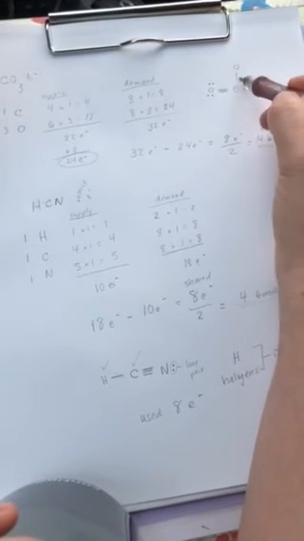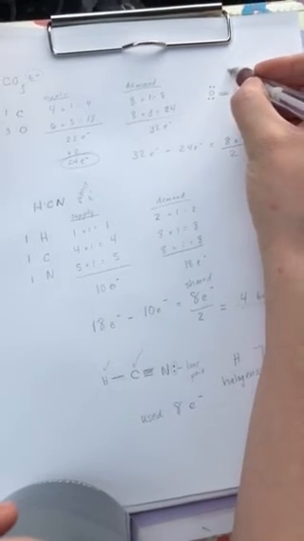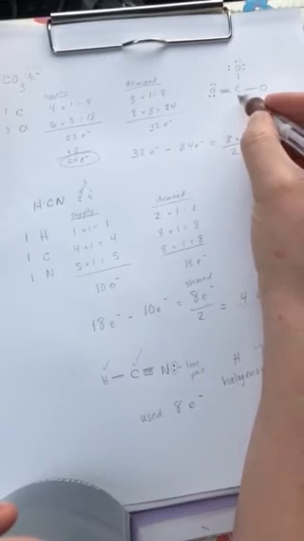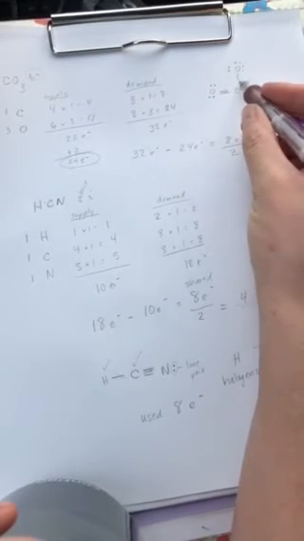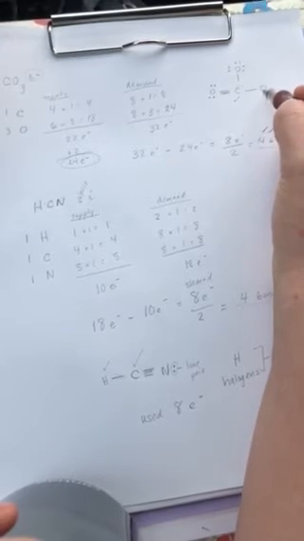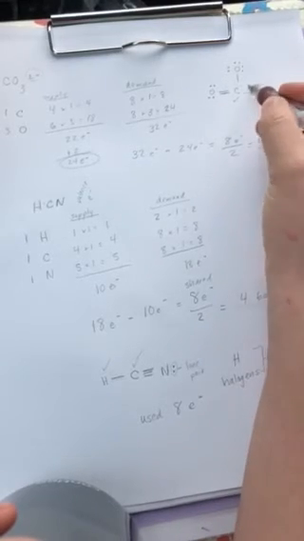This oxygen here only has 2 electrons, so it needs 6 more. 1, 2, 3, 4, 5, 6. Carbon's good. It has 2, 4, 6, 8. And this oxygen over here, it only has 2, so it likewise needs 6 more electrons to complete an octet of 8.